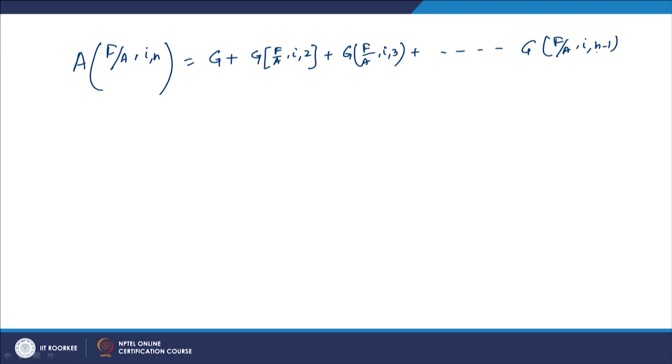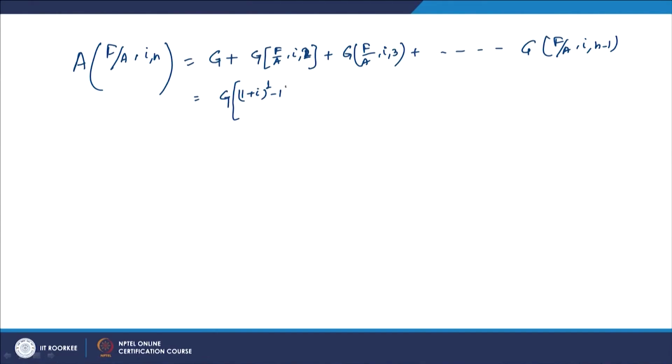Now, we know that F by A, this is i1, this is i2. Now, what we do is we will go further, and what we see is that we can have g. Now, this one we can write as 1 plus i raised to the power 1 minus 1 by i. So, it is g.